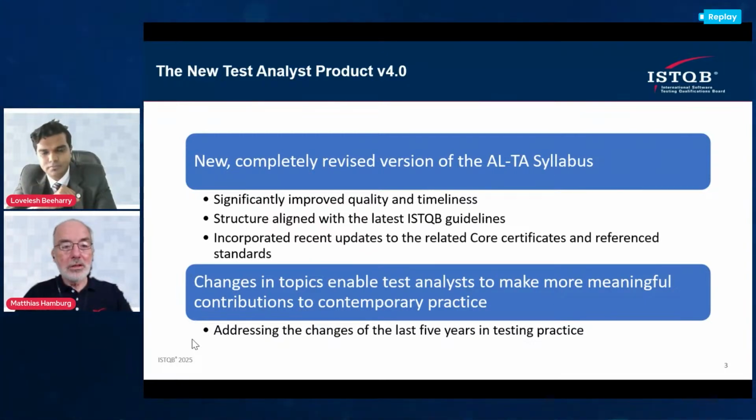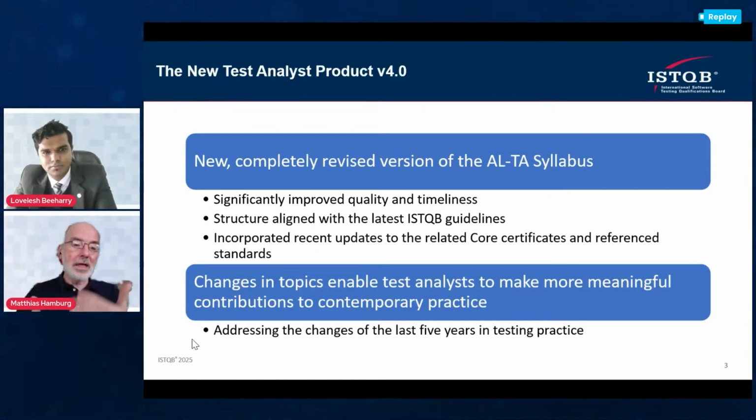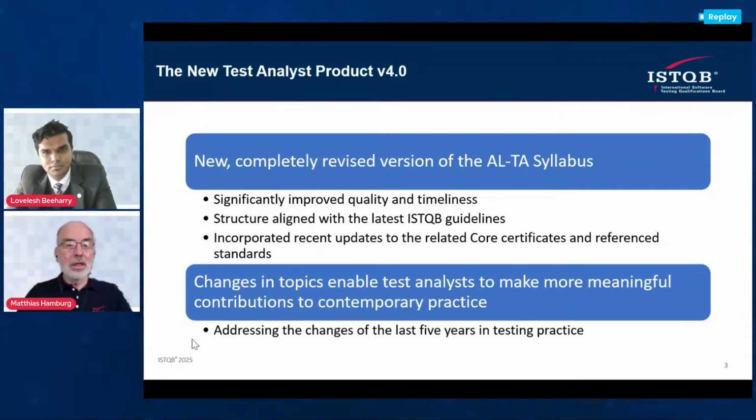You might know that international standards are revising their scope and revising whether they need a new product version every 5 years. And so we started in time to get a new version ready within 5 years.